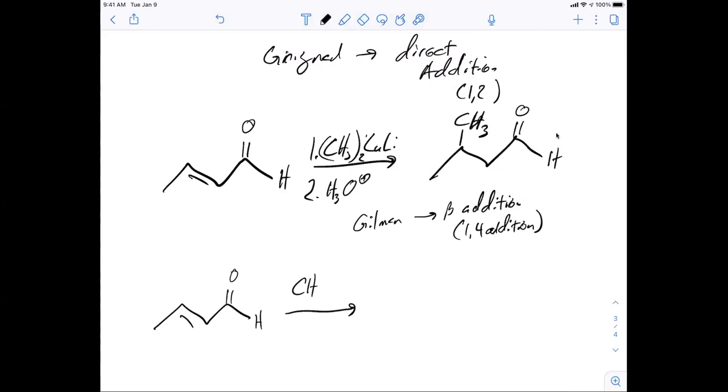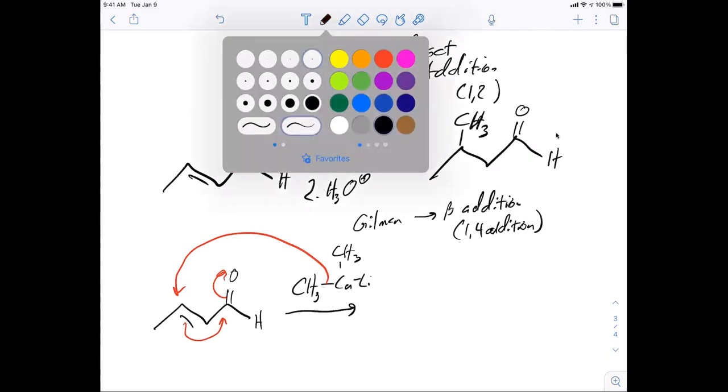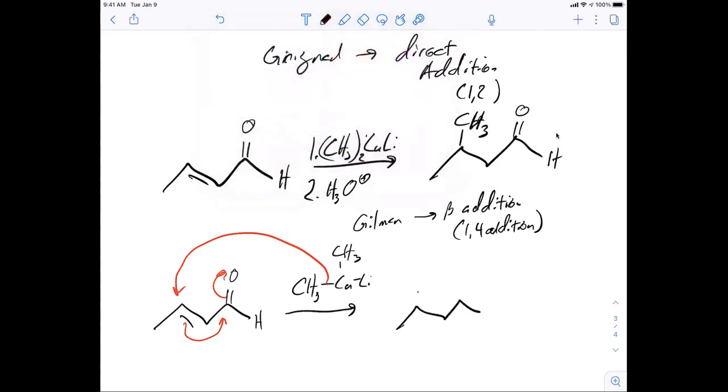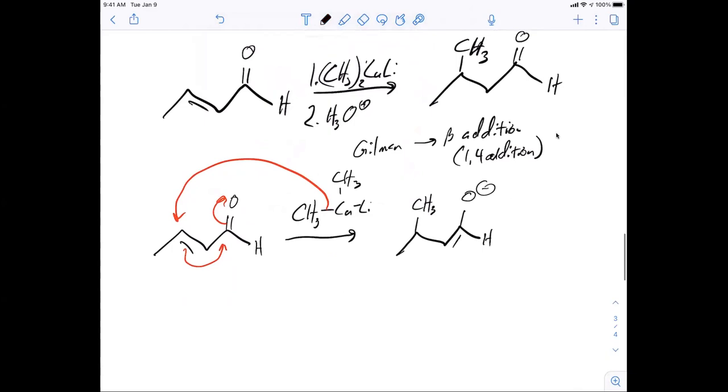But our Gilman, right, we get attack at the beta position. And then when we get to this position, this is where we would bring in our proton source.